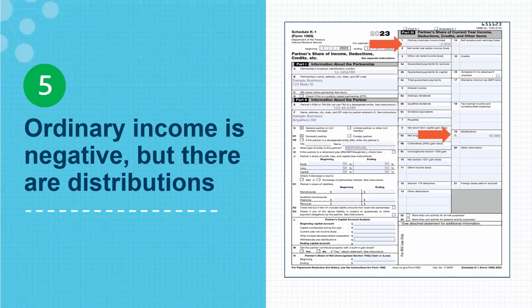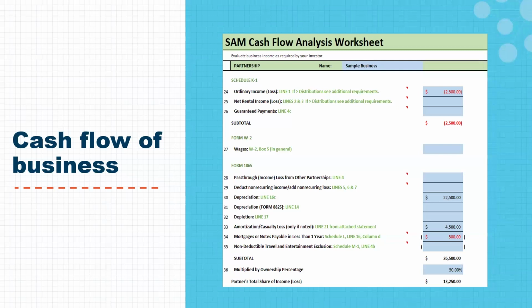Looking at the cash flow analysis worksheet for the sample business, we see that ordinary income is a loss of $2,500. However, when it came to cash flowing the business from Form 1065, there was a non-cash expense in the form of depreciation of $22,500 that was added back in.